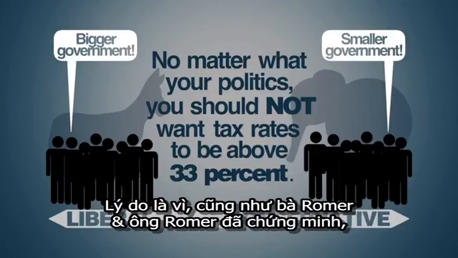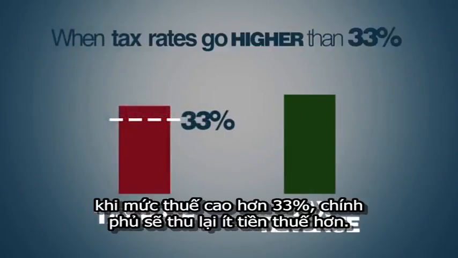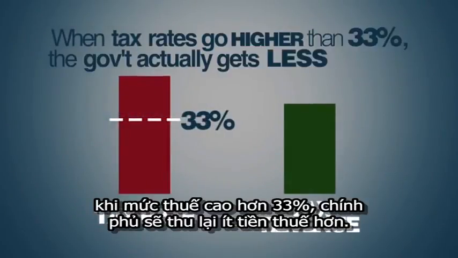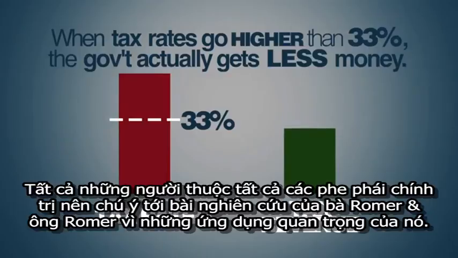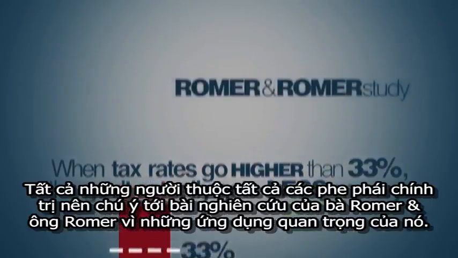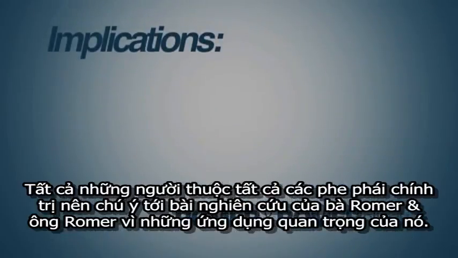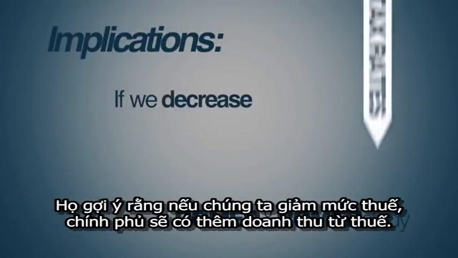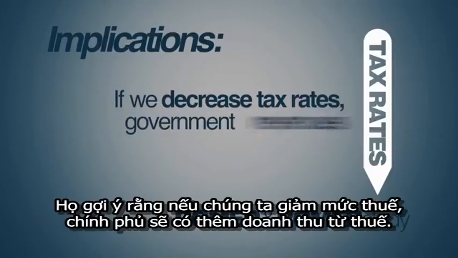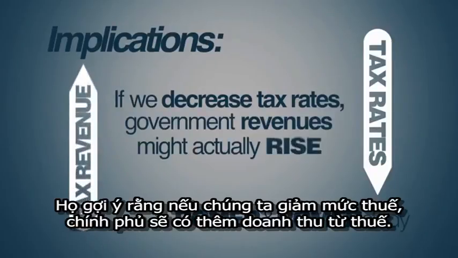The reason is that, as the Romer and Romer study suggests, when tax rates go higher than that, the government actually gets less money. Everyone of every political persuasion should pay attention to the Romer and Romer study and its important implications. They suggest that if we decrease tax rates, government revenues might actually rise.